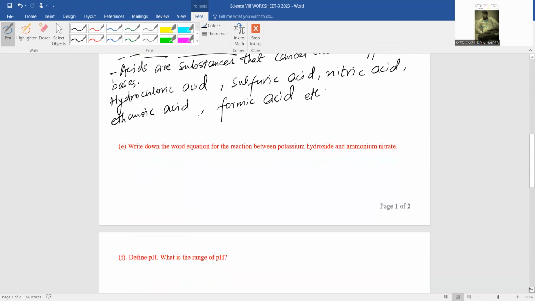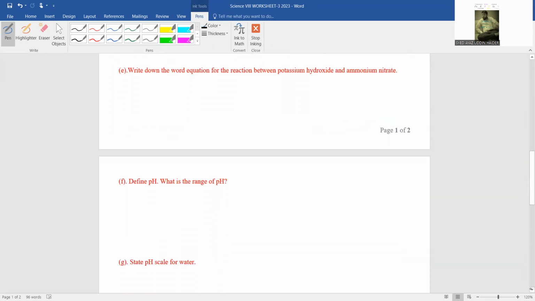Part E. Write down the word equation for the reaction between potassium hydroxide and ammonium nitrate. Potassium hydroxide is a base. It's actually an alkali, a class of base. And ammonium nitrate is an ammonium salt.